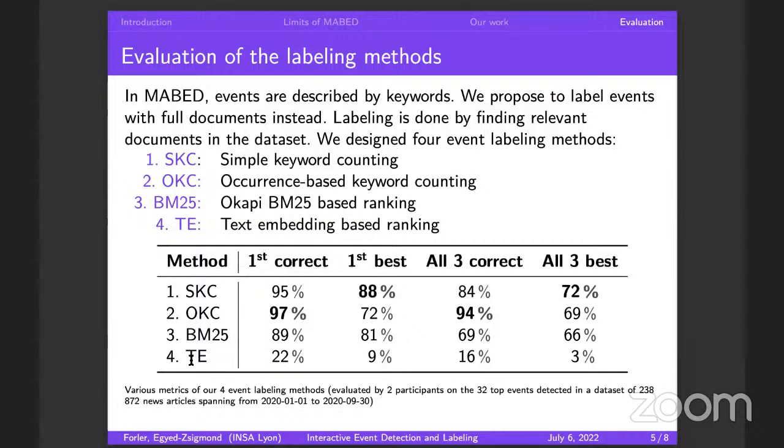As for the poor result with the text embedding, I think it's because the technique we used was not good enough. I used some averaging, so I computed an average vector for a full document.